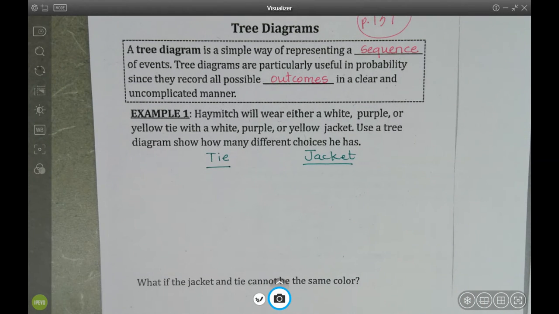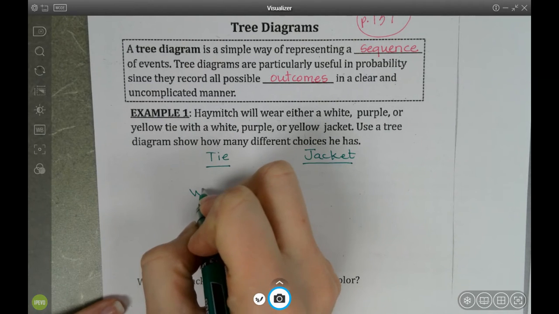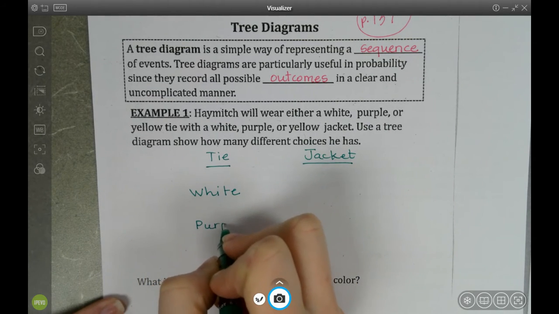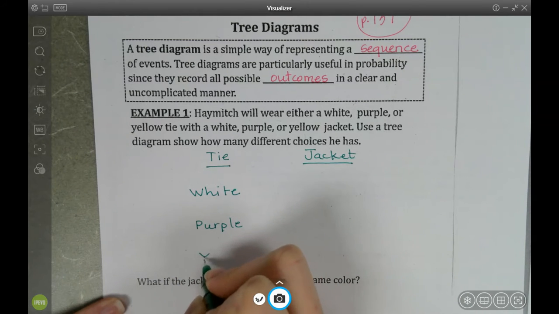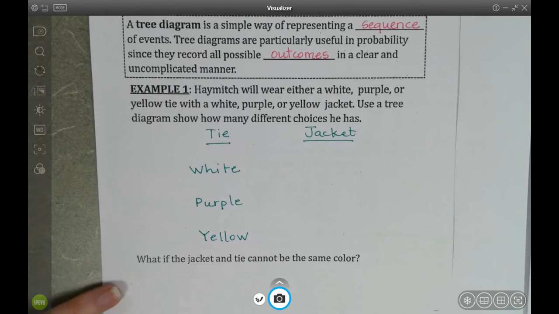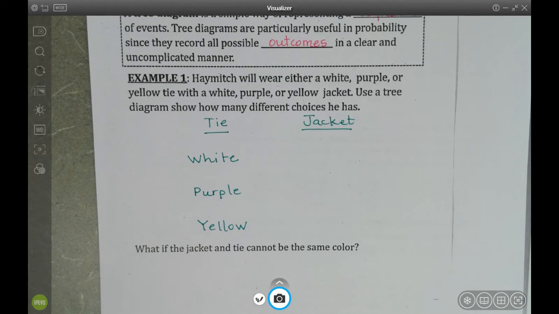What are his options for colors of tie? White, purple, or yellow? Okay, he can also wear either a white, purple, or yellow jacket.